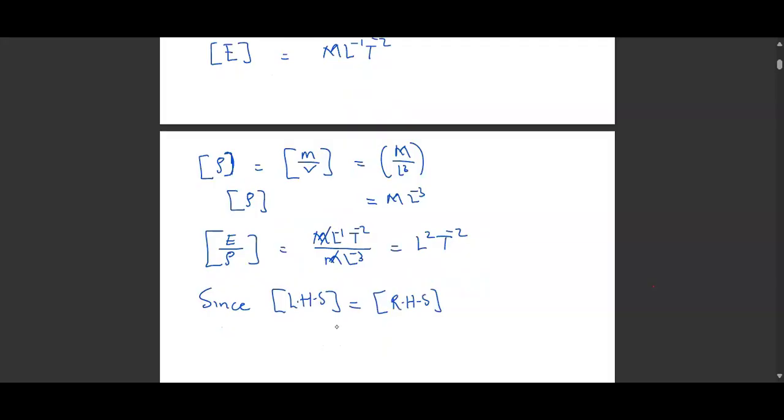So for this case here, our equation V squared is equal to E divided by law is the dimensional consistency, since the left-hand side is equal to the right-hand side.